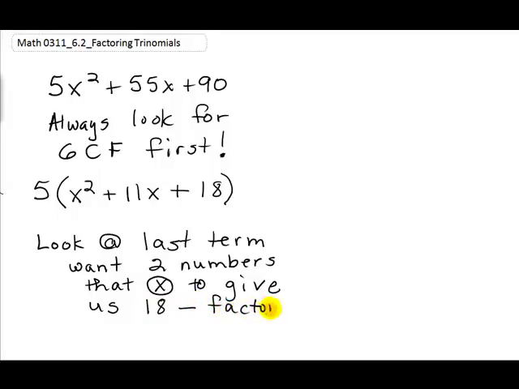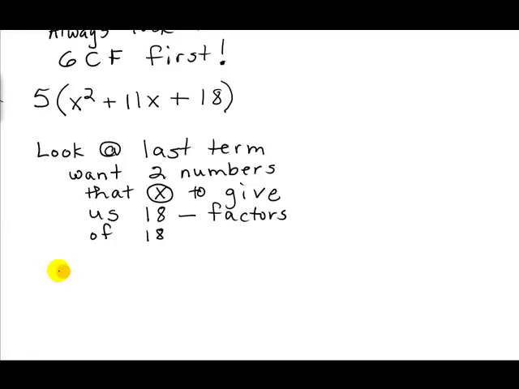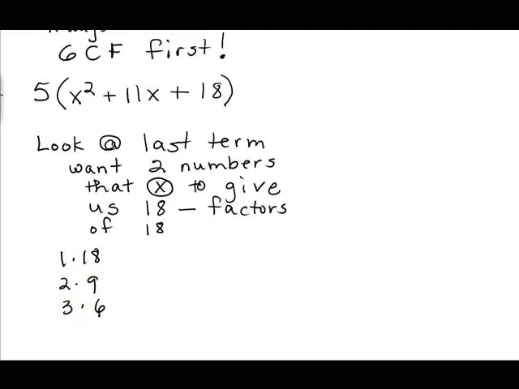Factors of 18: 1 times 18, 2 times 9, 3 times 6.